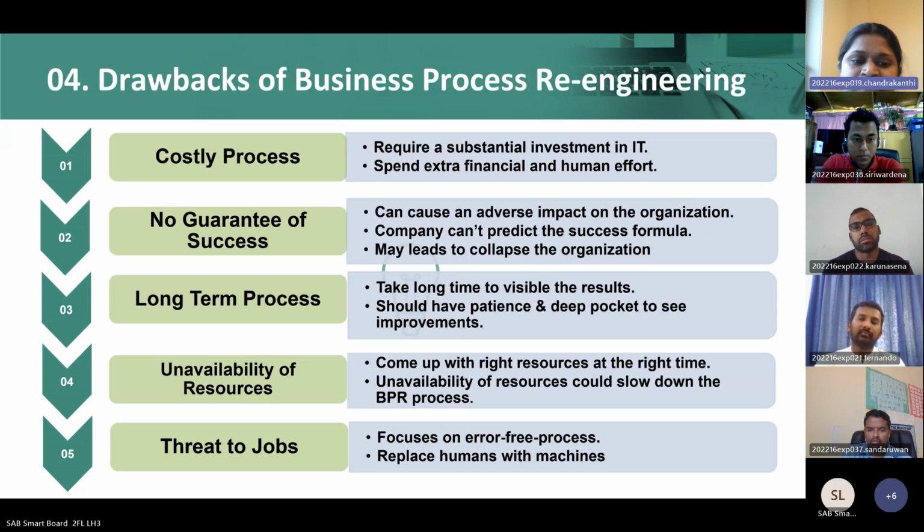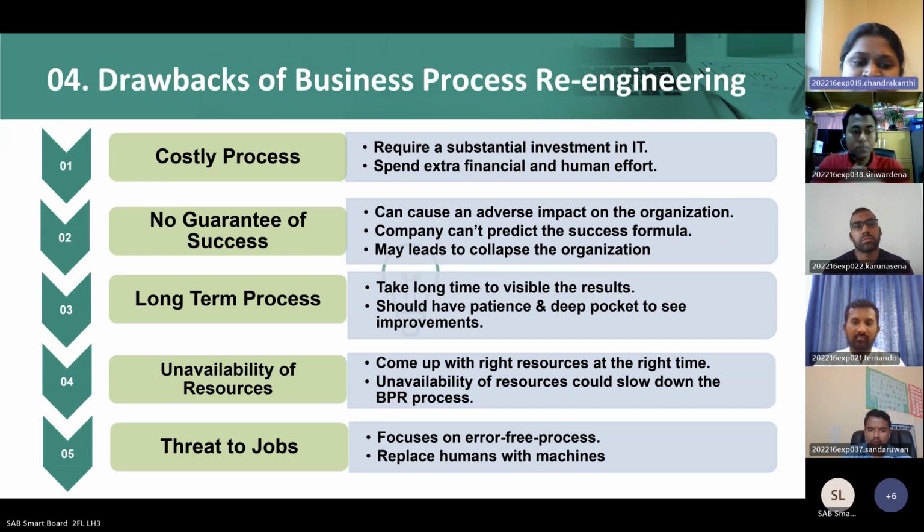Fourth point is unavailability of resources. Companies should come up with the right resources at the right time to implement the BPR successfully. These resources include human resources, funds, reengineering tools, and data. If one or more resources are not available when needed, it could slow down the BPR process.